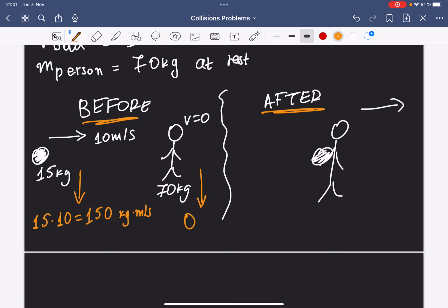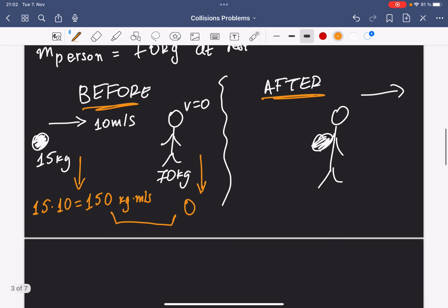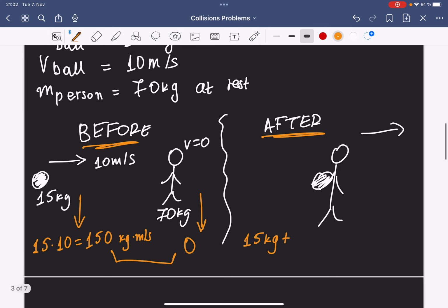Now the before momentum is going to be calculated by adding these two. After, we are going to have one body that is going to have a mass of 15 kilograms plus 70 kilograms.